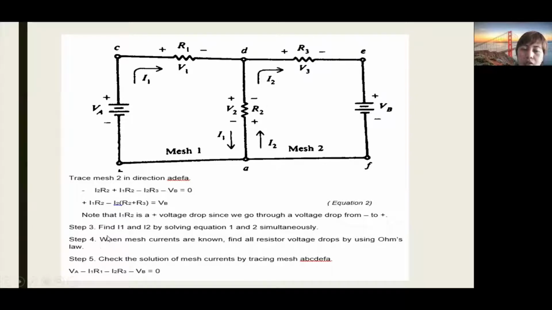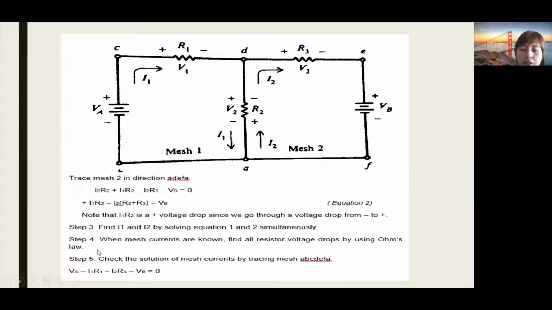So step 4, when mesh currents are known, find all the resistor voltage drops by using Ohm's law. This time you will be using Ohm's law in finding the resistor voltage drops.